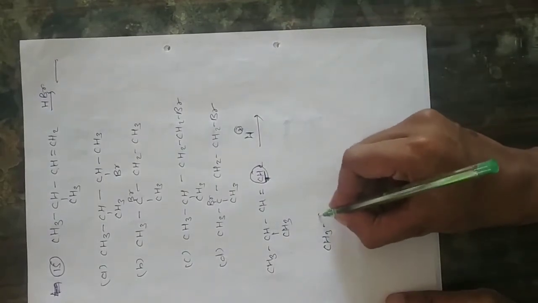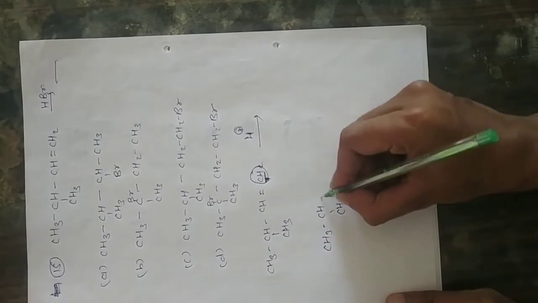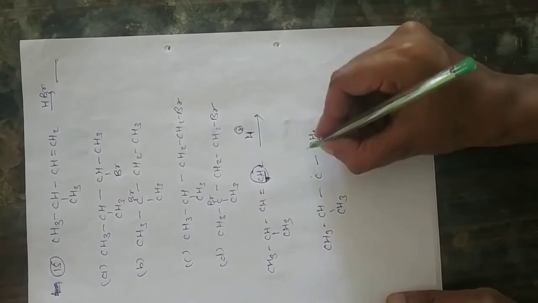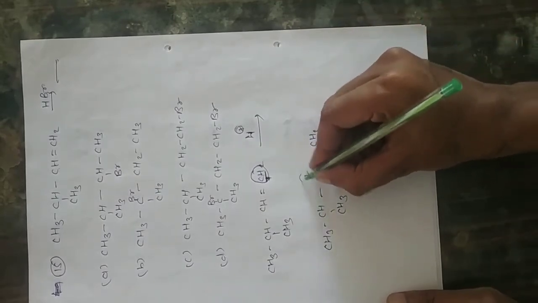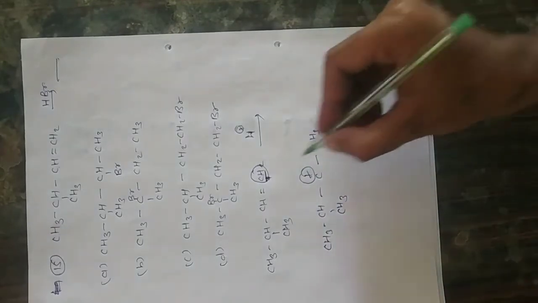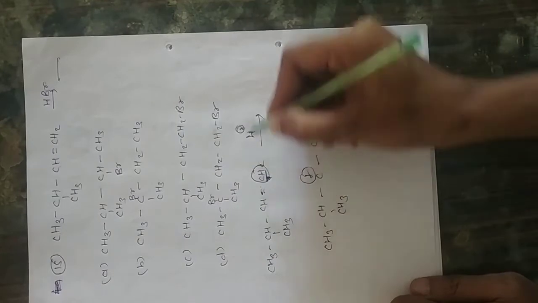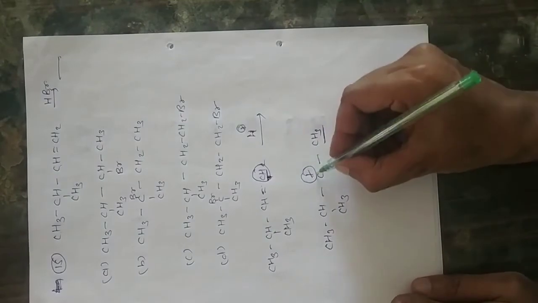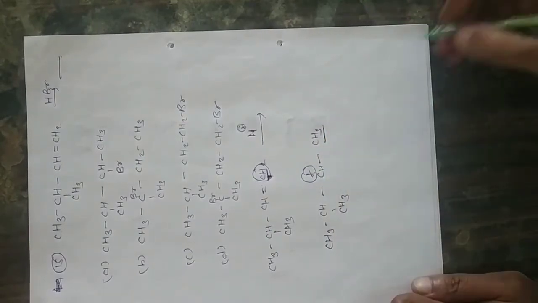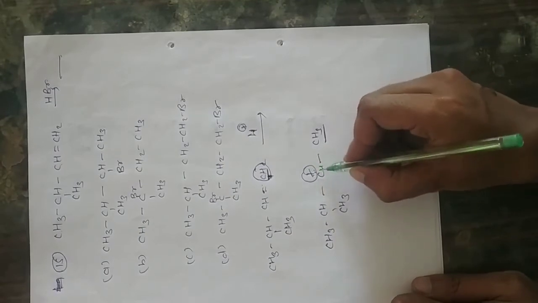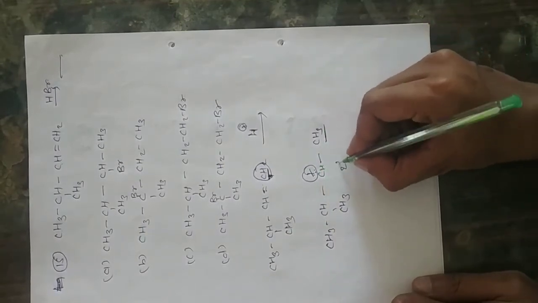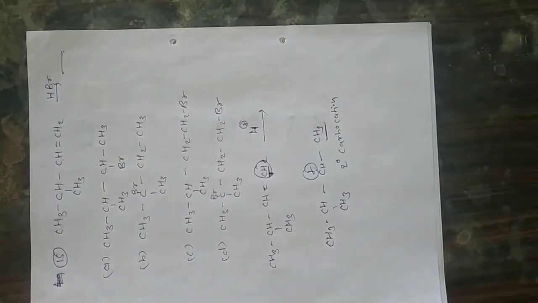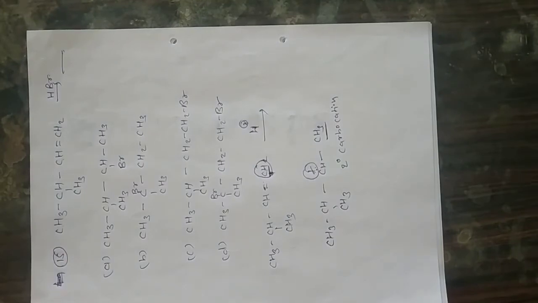CH3, CH, CH3, C, CH3. This carbon will have a positive charge because this bond breaks and the bond electrons are used in making up this CH3 bond. Now this carbon is positively charged, so it is a carbocation, and this is our 2-degree carbocation.